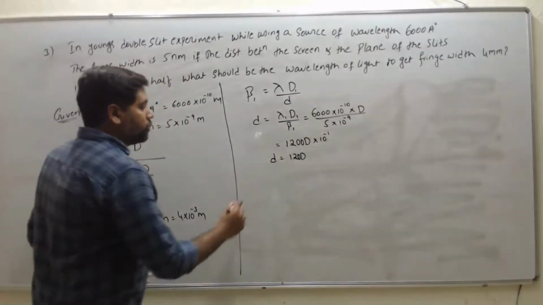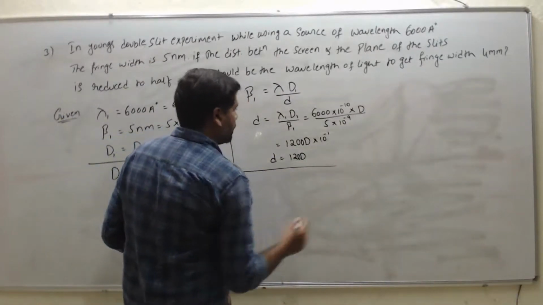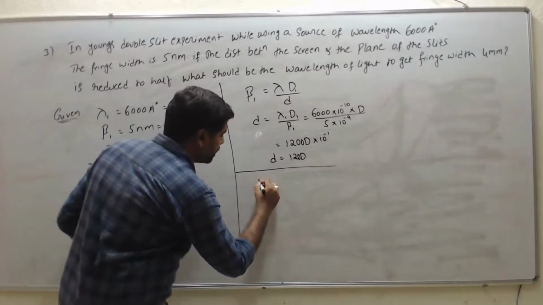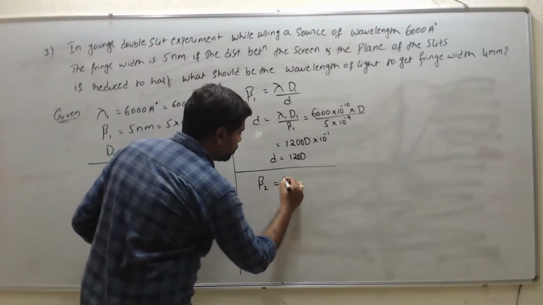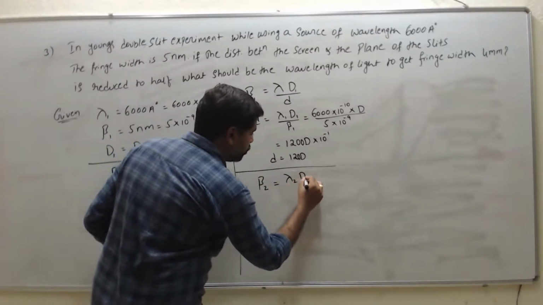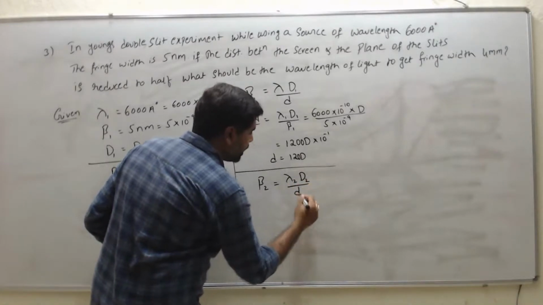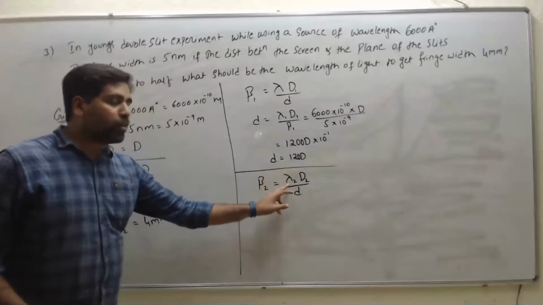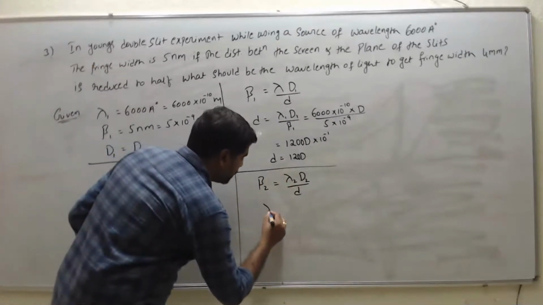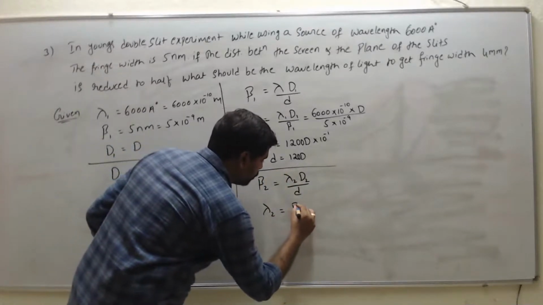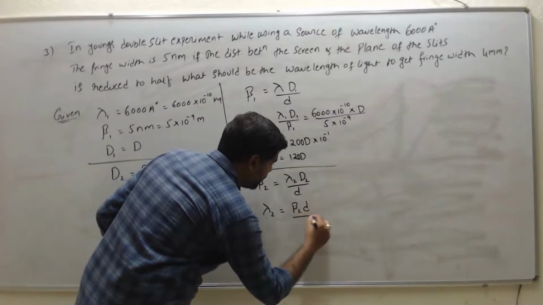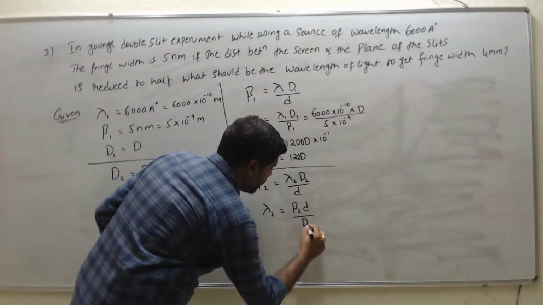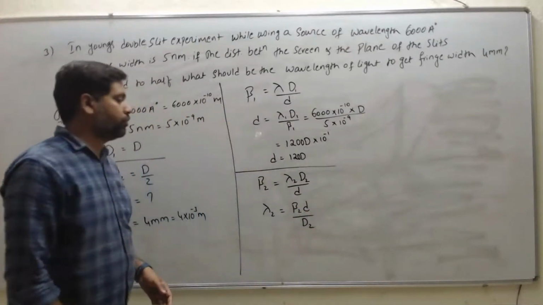Now substitute for the second case, that is beta 2 equals lambda 2 D2 divided by d. Here we are going to find lambda 2, so lambda 2 equals beta 2 d divided by D2.